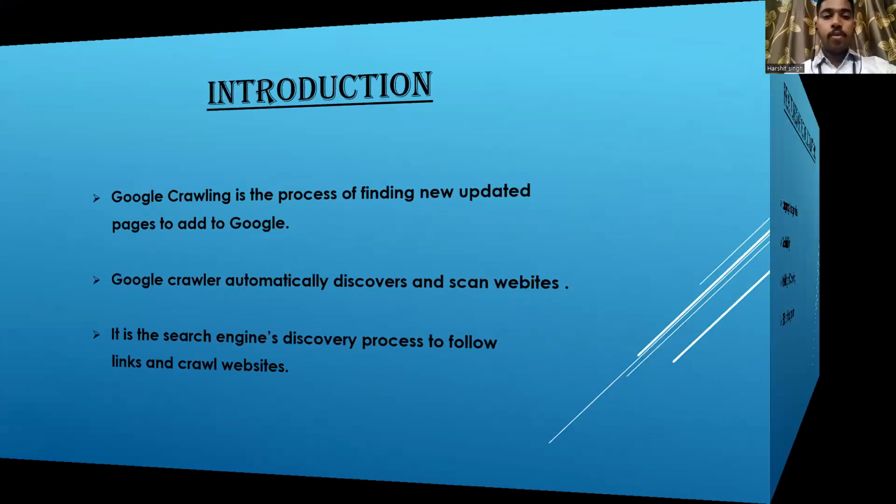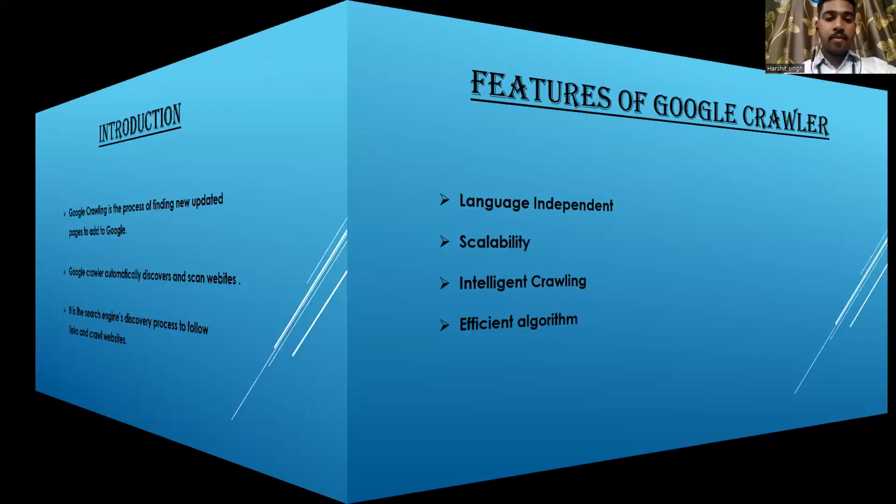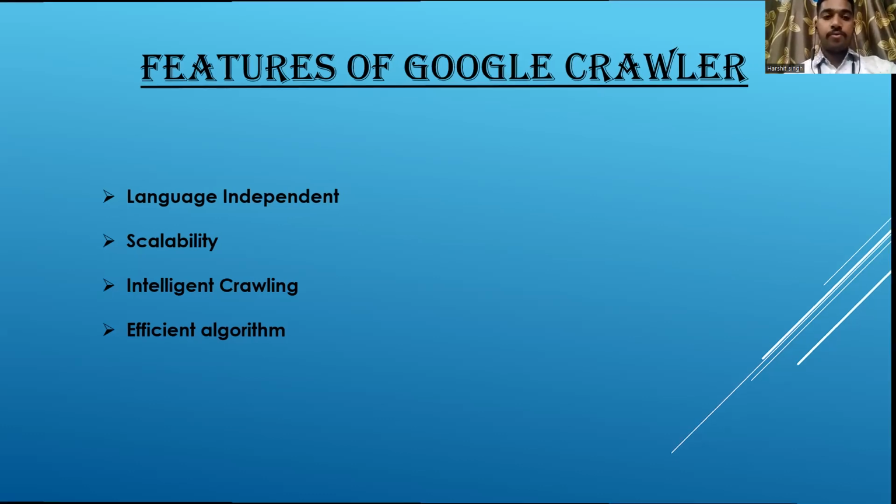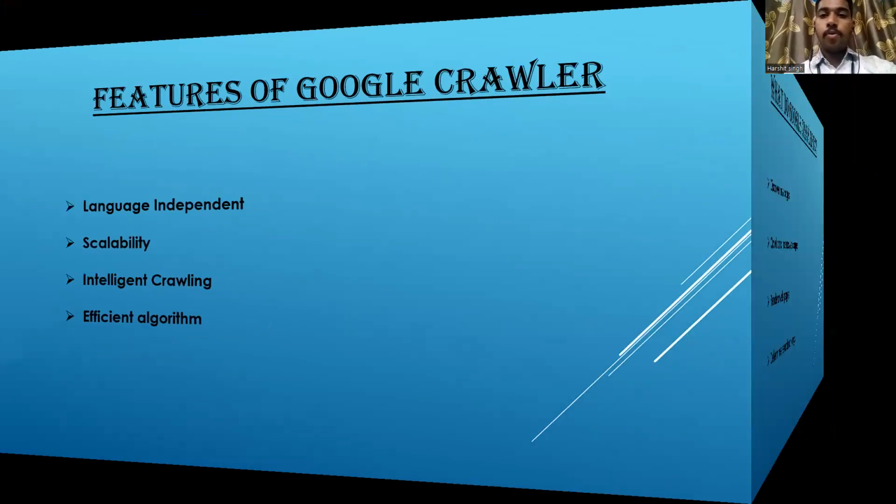Features of Google crawler: it is language independent. It works on different kinds of languages, it has high scalability, and it has intelligent crawling. Intelligent crawling means that with the help of efficient algorithms and keywords, it fetches only the details which we have searched for. And what do Google crawlers do?